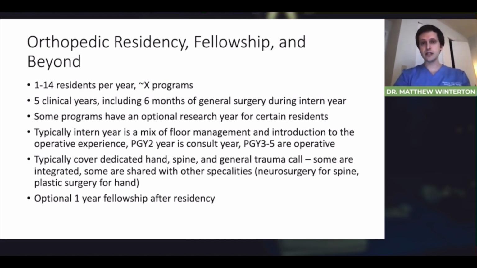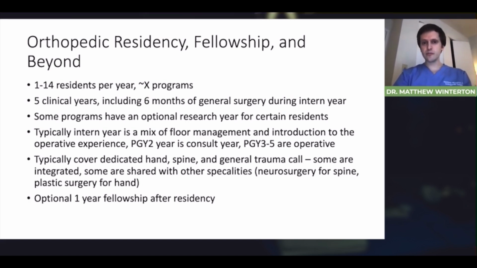If unfortunately, as tends to be the case, there are no unfilled orthopedic surgery spots, you could vie for anything else that you may have interest in. So you could vie for an internal medicine spot, or a general surgery spot, or a neurosurgery spot, if those are of interest to you.